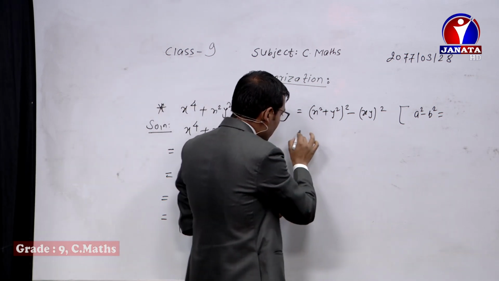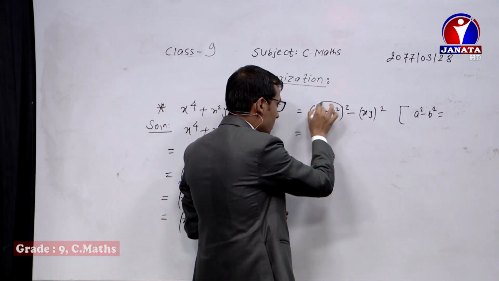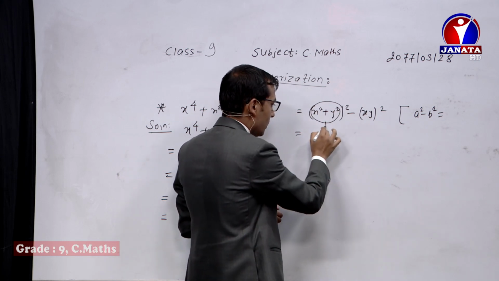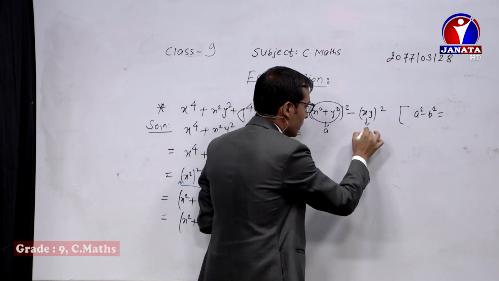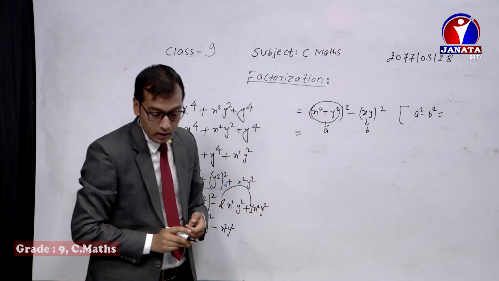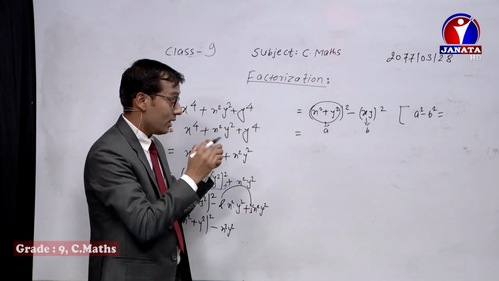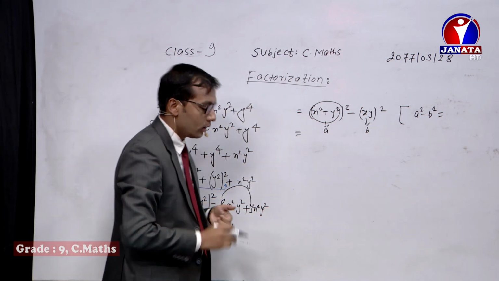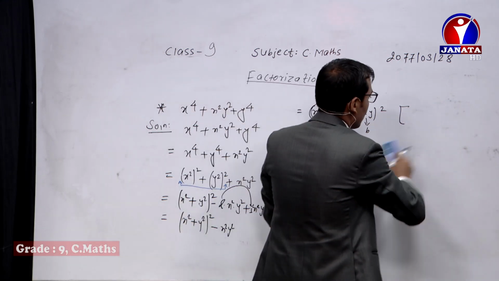So what is a? a is this x square plus y square, and this one is b. The formula of a square minus b square has two factors: a plus b and a minus b.